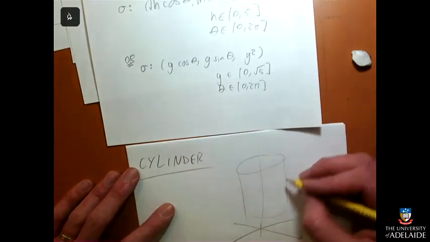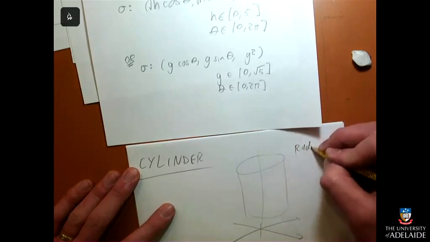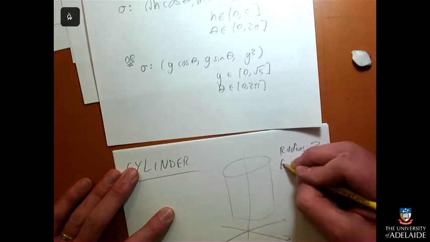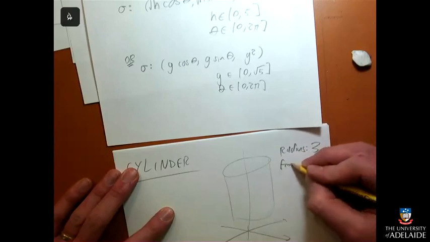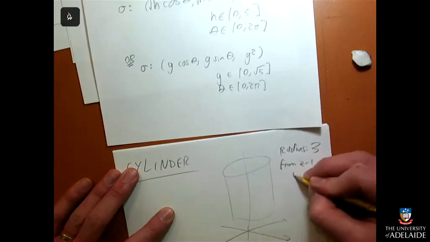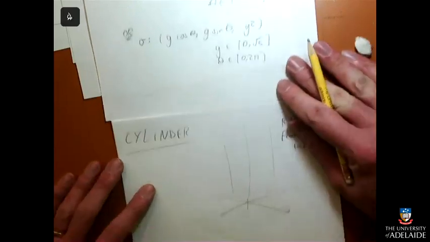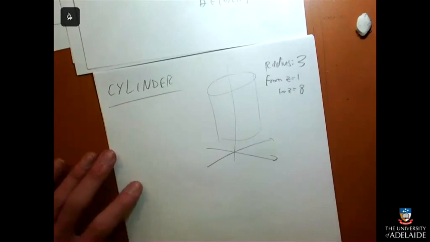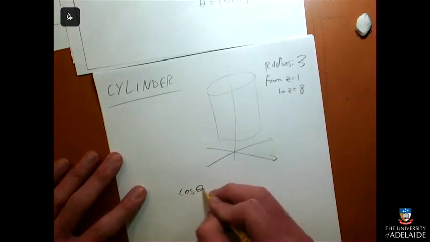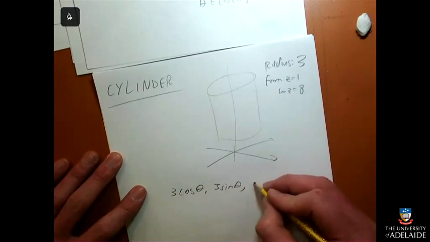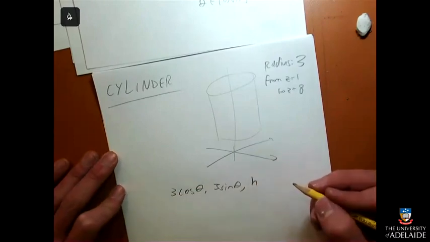So why don't I do radius 3 from z equals 1 to z equals 8. Well, I know that at every height it's 3 cos theta, 3 sine theta. And the height goes from 1 to 8.